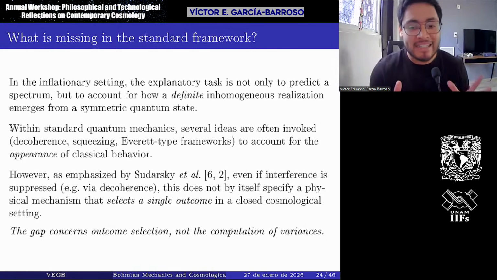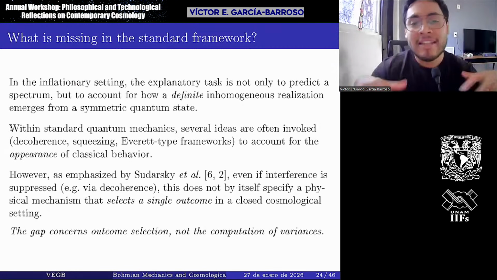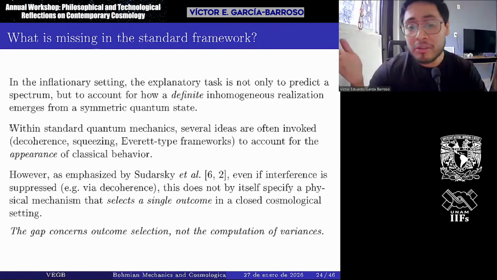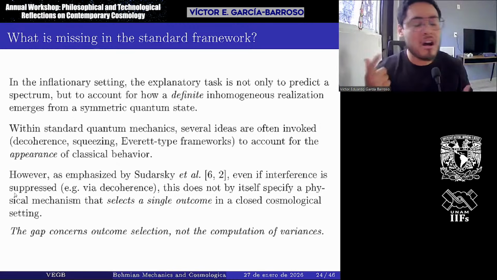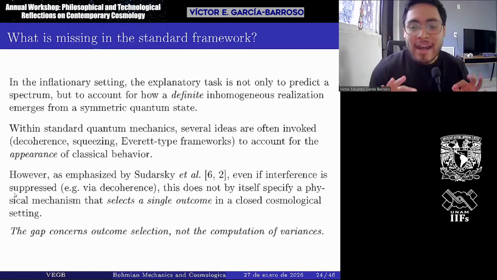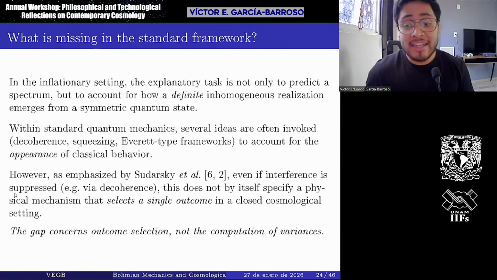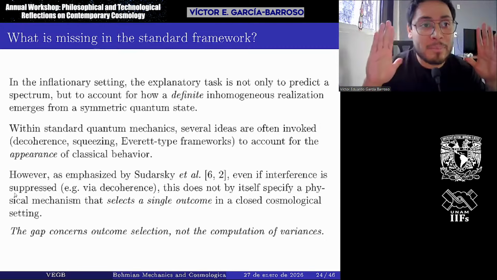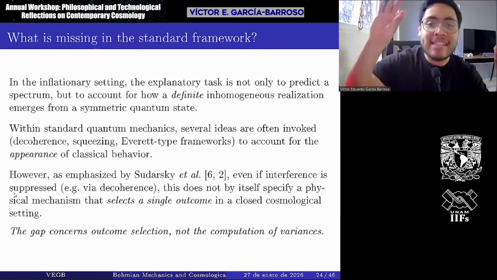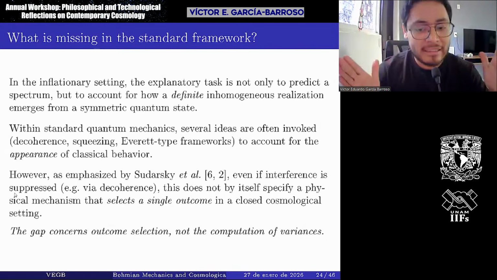What is missing? Well, in cosmology, we often hear about decoherence as a solution. But as Sudarsky and other philosophers and scientists have pointed out, decoherence only suppresses interference. It explains why we don't see quantum effects or superpositions, but it doesn't explain how a single outcome is selected.